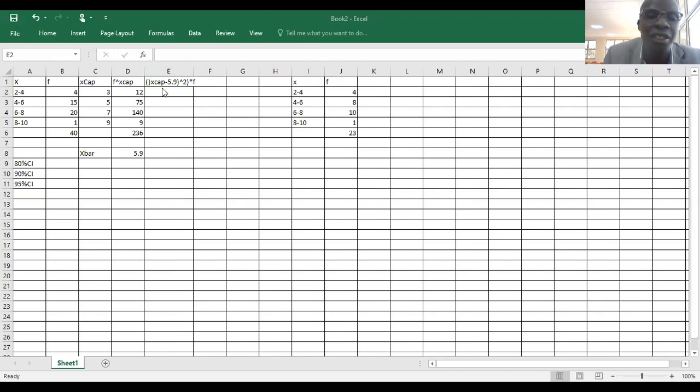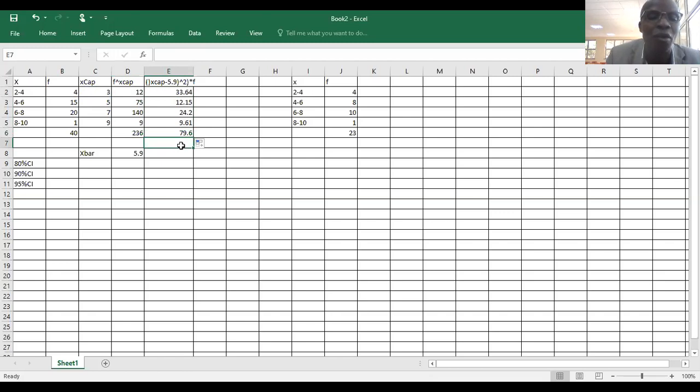The squared deviation is this one here, minus 5.9, squared, times F. And then I also sum this.